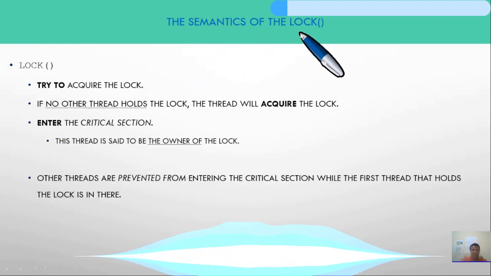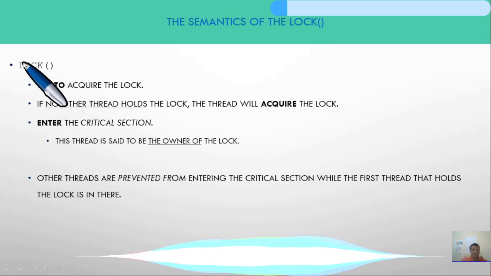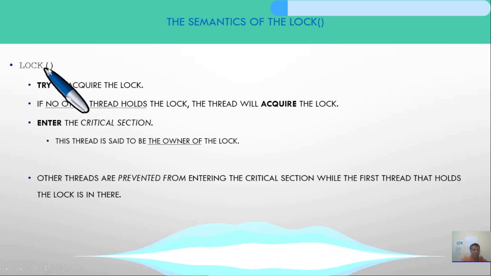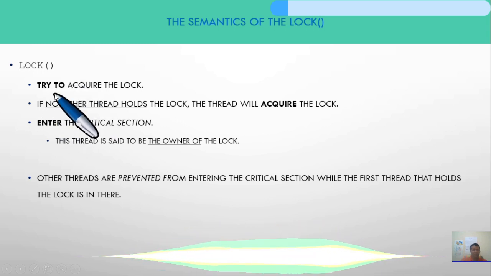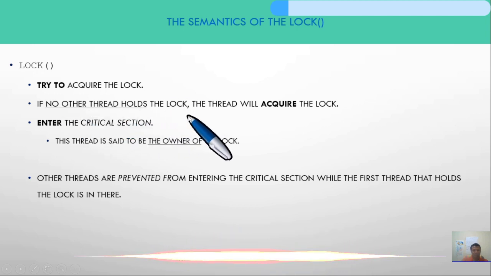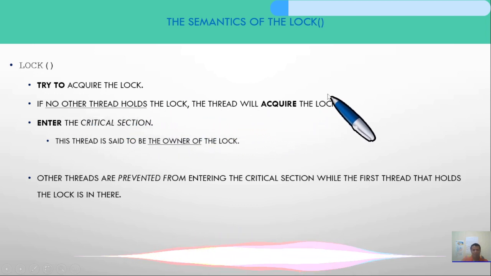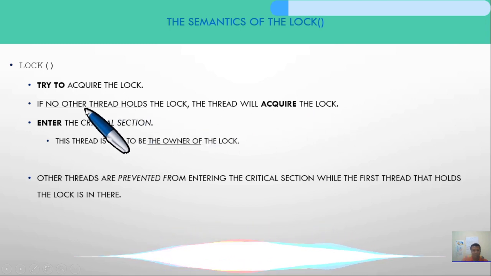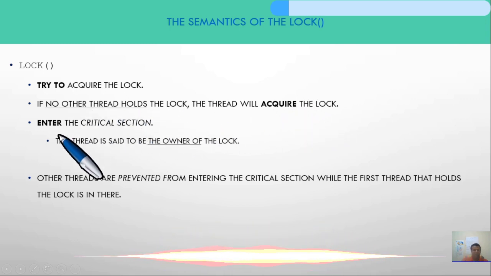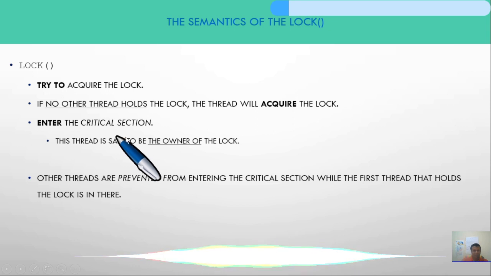And the semantics of the lock: we call lock with two brackets and try to acquire the lock. If no other thread holds the lock, the thread will acquire the lock and enter the critical section.